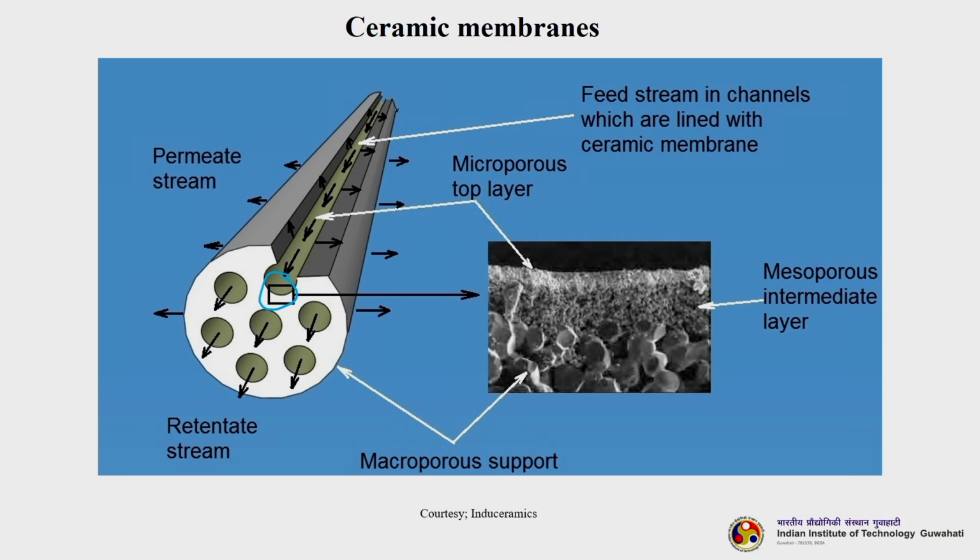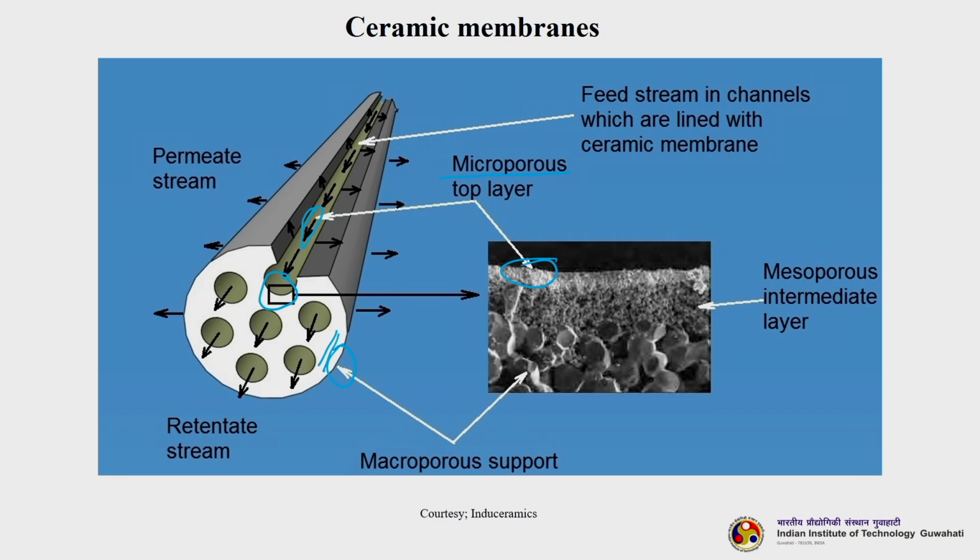Then we have the macroporous support, this white portion you are seeing. Then we have this microporous top layer, which is these particular sections. This microporous layer is actually doing the separation.